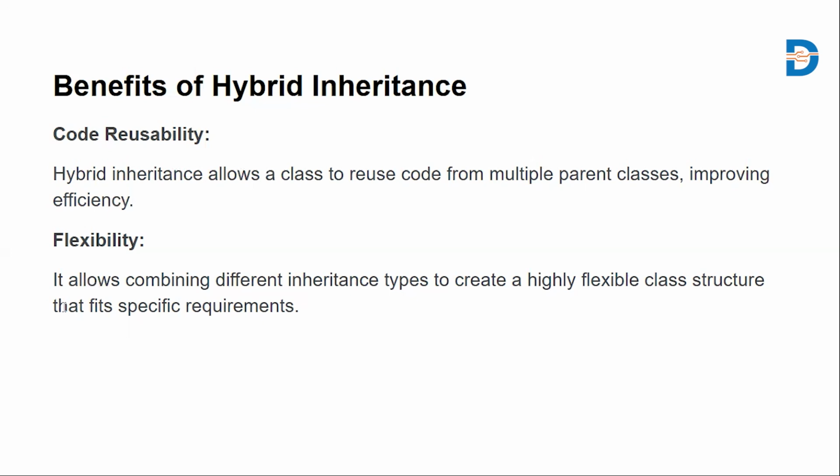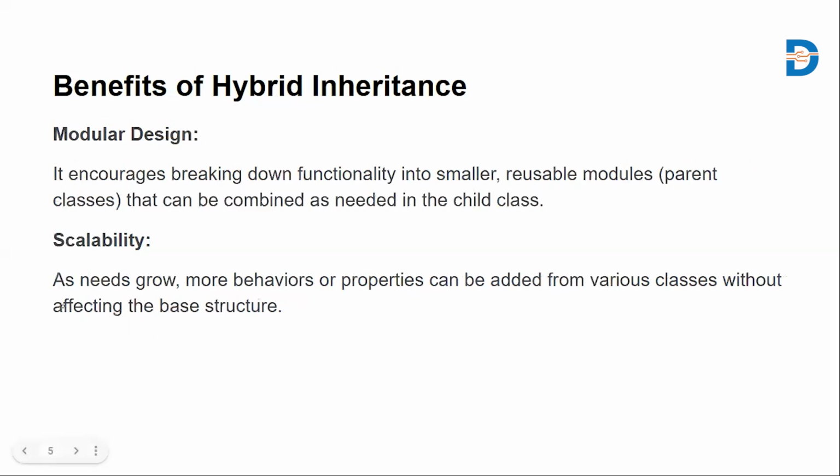The next benefit is flexibility. Hybrid inheritance enables combining different inheritance types. This provides flexibility in structuring the class hierarchy, allowing developers to design classes that fit specific complex requirements. The third benefit is modular design.